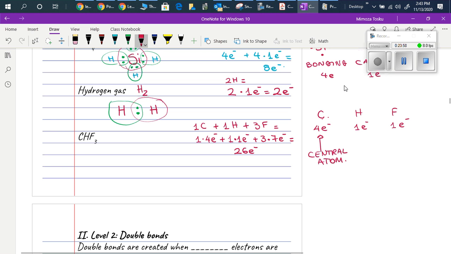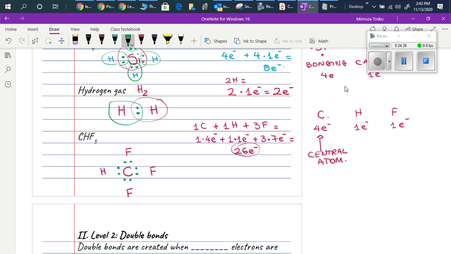Let's start now with the central atom, carbon, and then we'll place 3 fluorines and 1 hydrogen. So we will distribute those 26 electrons, starting with completing the octet rule for carbon. So 1, 2, 3, 4, 5, 6, 7, 8.